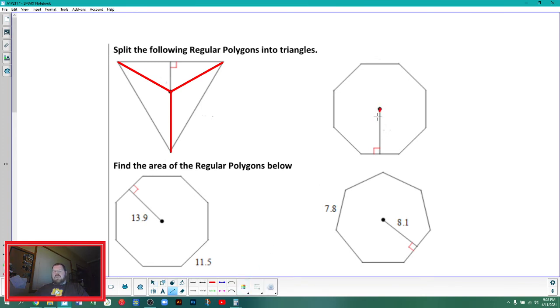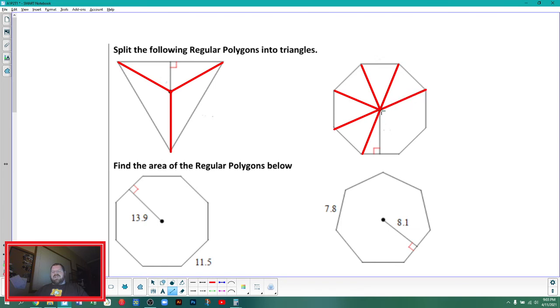Okay, this one, we have an octagon, and so we're going to be drawing a lot of lines. Do the best you can. Notice that I'm not doing 100% accurate, and I have a straight line tool, so I should be doing better.